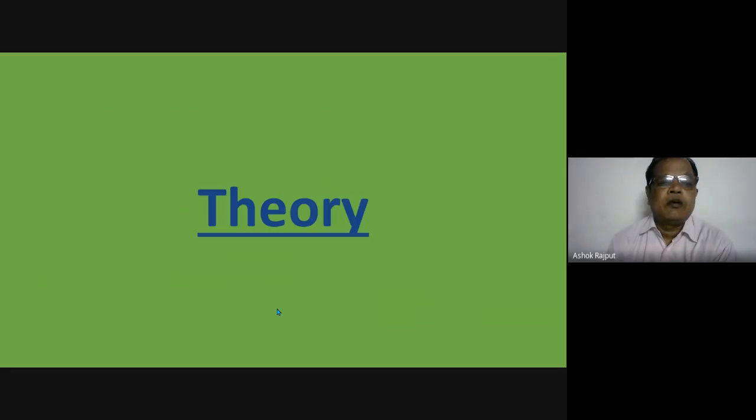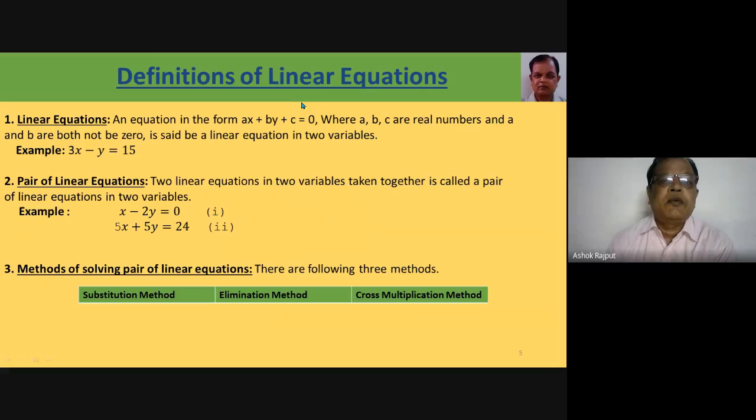Now we are going to explain the theory, the definitions of linear equations. What is a linear equation? A linear equation is an equation in the form ax plus by plus c equal to 0, where a, b, c are real numbers. It is very compulsory that these should be real numbers, and a and b should not both be zero.